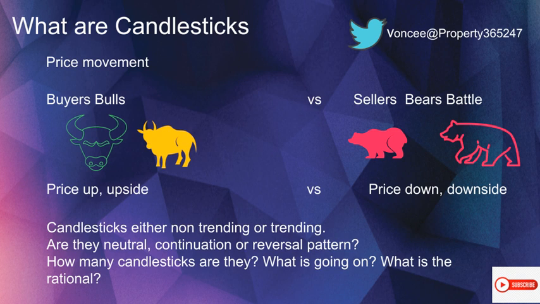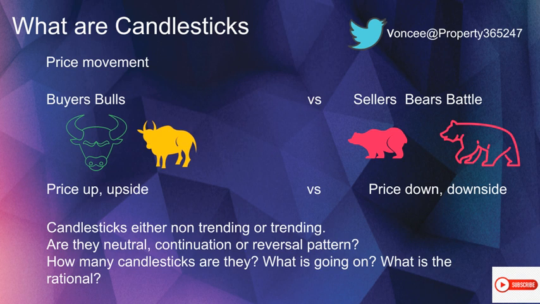Don't try and get this complicated. The buyers would want to push the price up, the sellers would want to push the price down. When the price goes up, it's bullish, and when the price goes down, it's bearish. So don't think about too many things or else you'll confuse your brain. Just think of price going up, price going down.